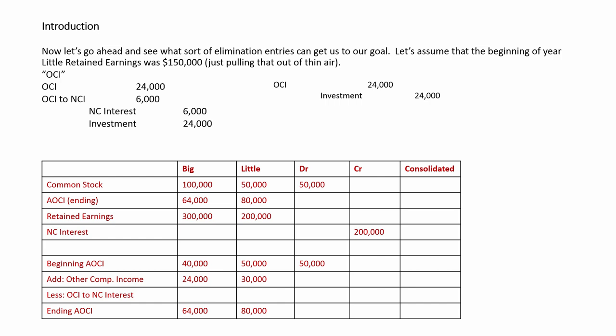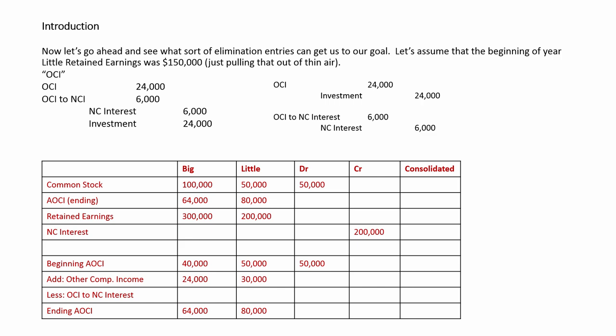So we're essentially undoing that. This is sort of like the I entry for other comprehensive income. Recall that the I entry in the format that we're using in the class eliminates the parent's investment income. Now we're doing something very similar, eliminating the parent's other comprehensive income from their investment.